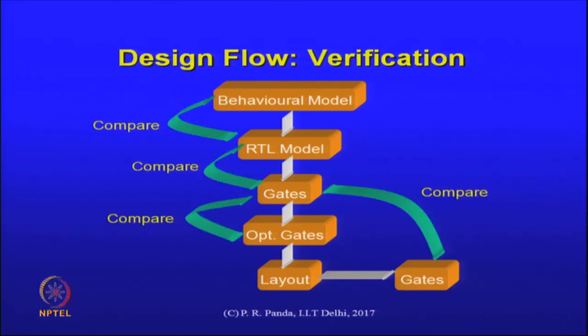Other examples of verification would be a comparison, formally, informally, manually, or automatically, and so on, of each of those steps. Each is a translation step. As we go in the forward direction, it is a synthesis step that is taking us from a higher level of abstraction to a lower or more detailed level. At every step, there is possibly a need to compare the two, make sure that everything is fine. So, we are just indicating this as comparison. All of them do not necessarily mean automatic comparison.